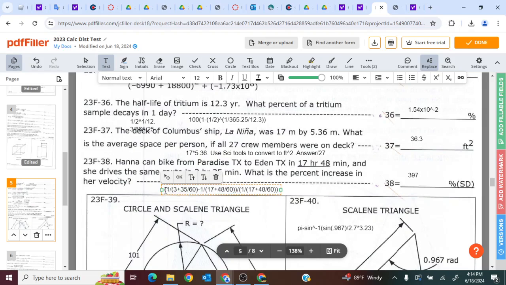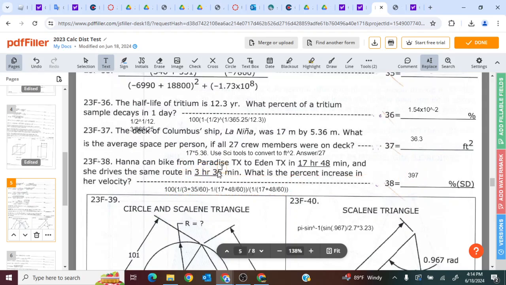This entire thing is basically new minus original over original. And if you do that and multiply by 100 again, you'll get 397% increase, which has 3 SDs because this is the lowest number of SDs at 3 here.